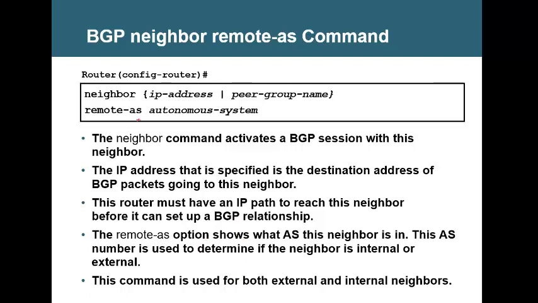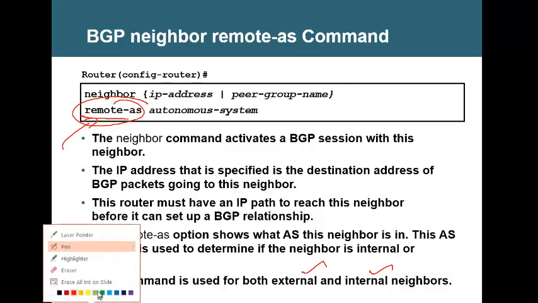This command remote AS is just a keyword which is used for both internal neighbor as well as external neighbor. Because of the word remote, you should not misunderstand that the neighbor is external. No. If the autonomous system number is the same, the neighbor may be internal also.